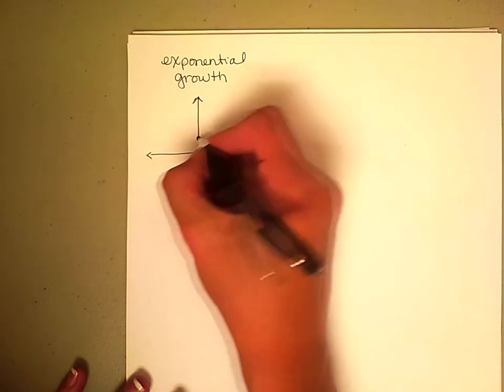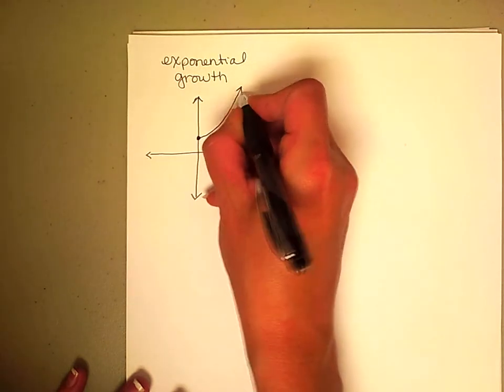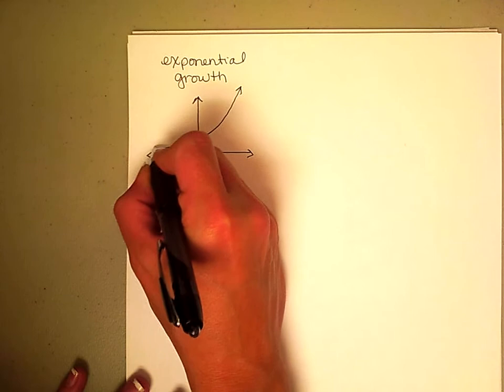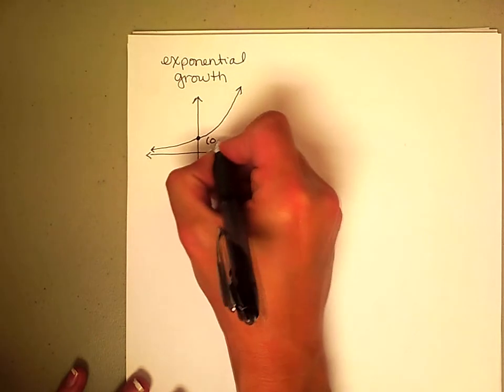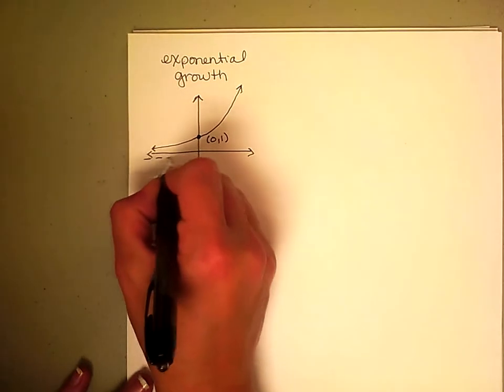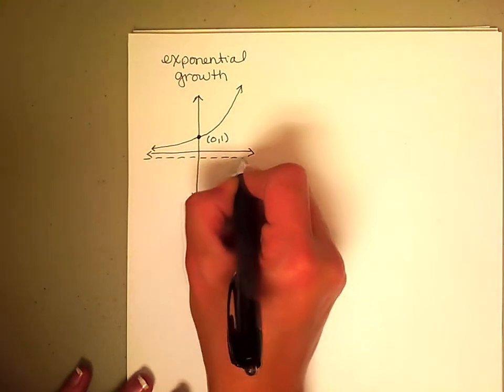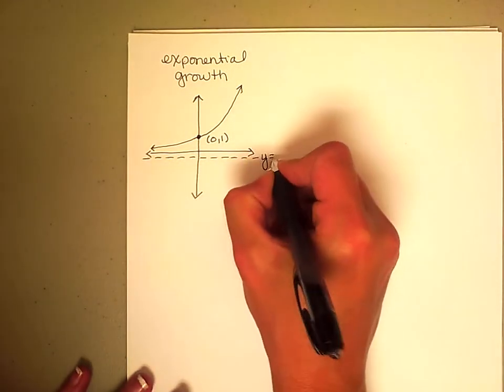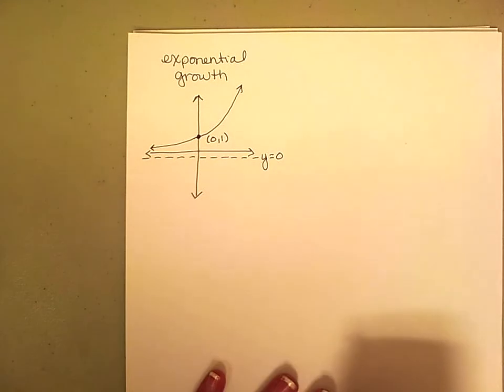When you're doing this, it's easiest to draw in the shape of the graph first. There will always be a y-intercept of (0, 1) if it's your basic functions. Okay. There will always be, for the basic, a horizontal asymptote at y equals 0.